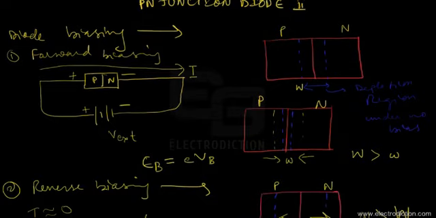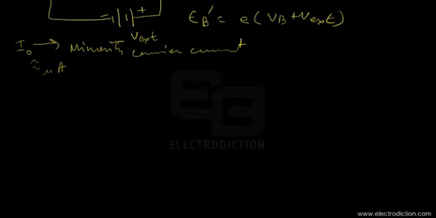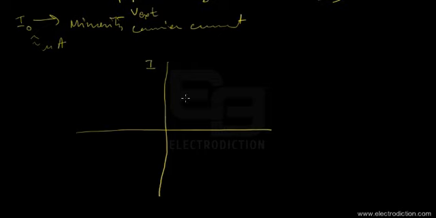So these were the two biasing modes of the diode, and depending upon these two modes discussed, we have our diode characteristic curve. So the y-axis represents the forward current, or rather the current through the diode, in both directions, and the x-axis represents the voltage applied across the diode.